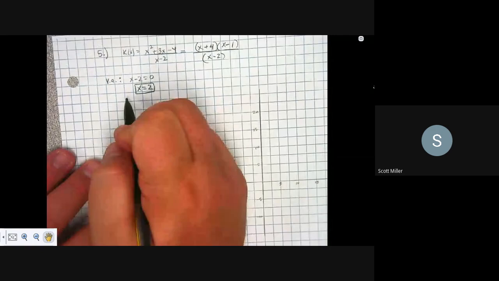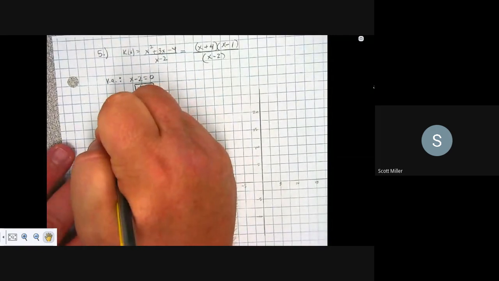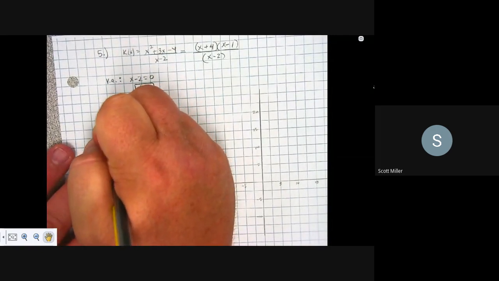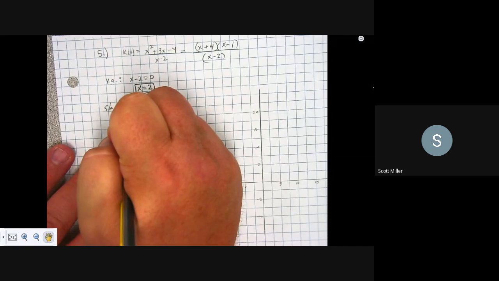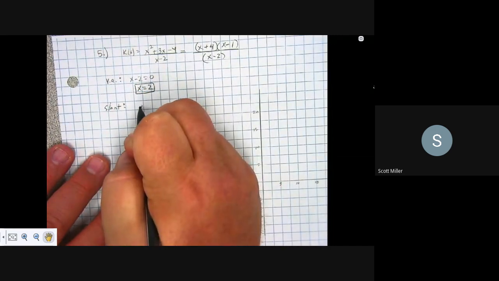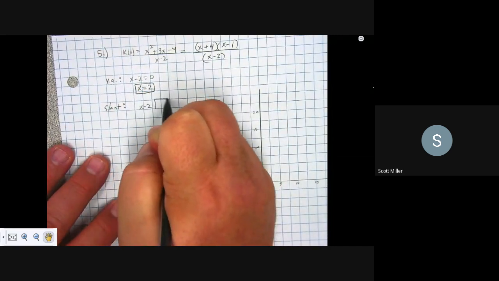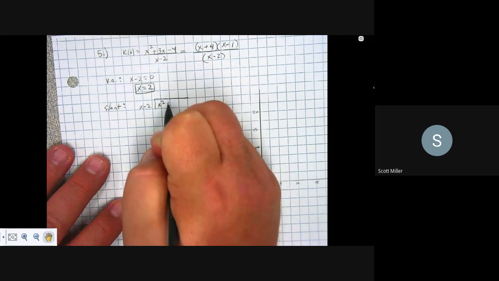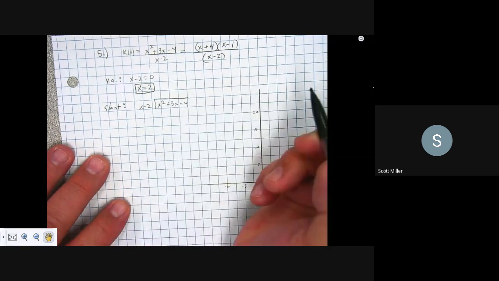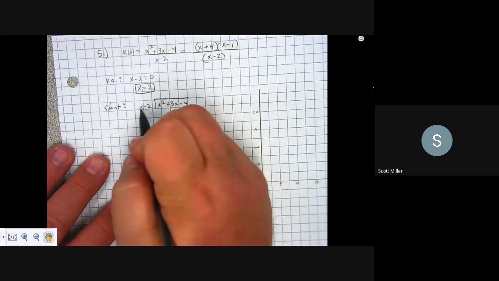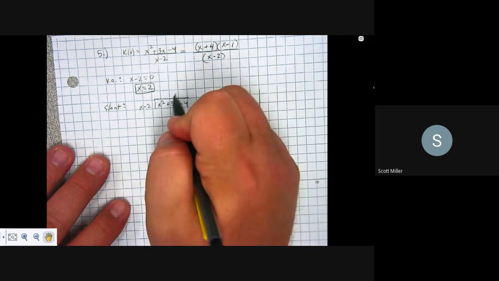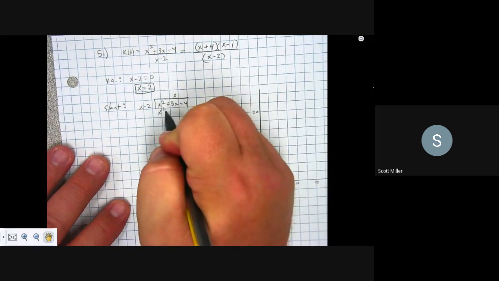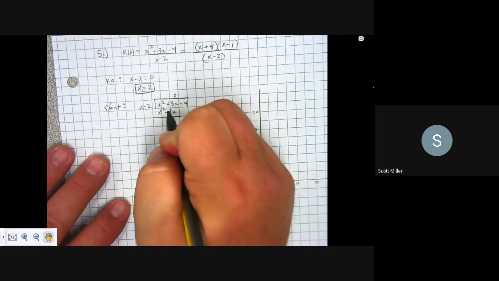Which means I will come over here for the end behavior, which we already know it's a slant, so I'll just call it a slant. We're going to do long division. So x minus 2 is the divisor. X squared plus 3x minus 4 is the dividend. Okay. What times x gives me x squared is an x. Draw the line, change the signs, add this up.